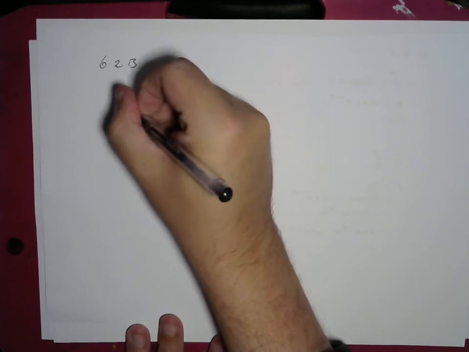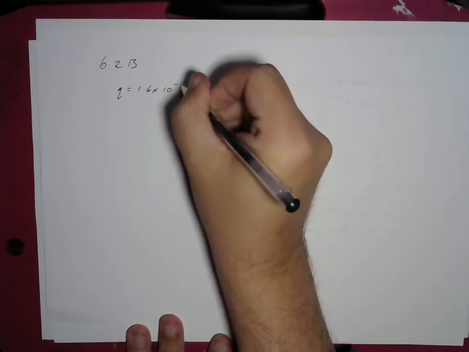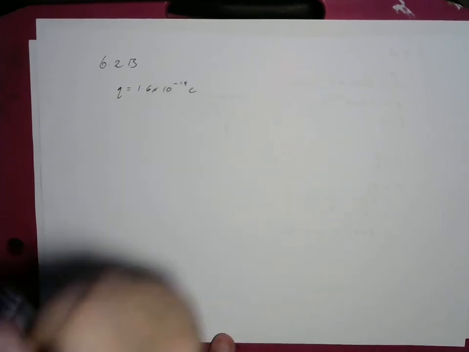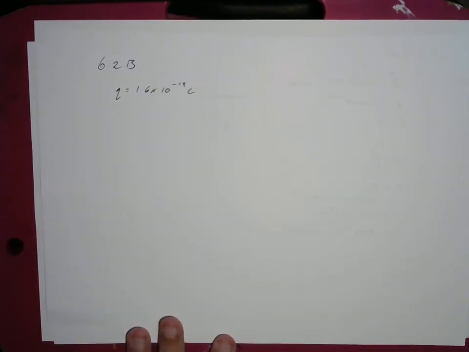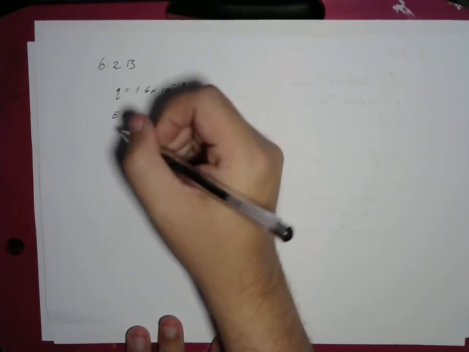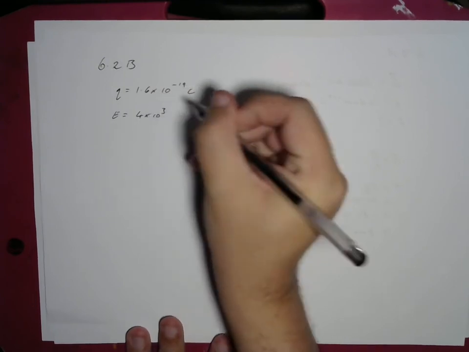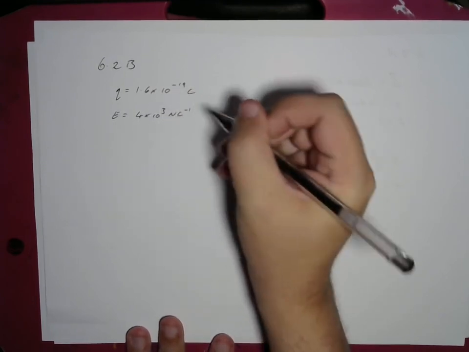Question. Again, we have our charge, Q equals positive 1.6 times 10 to the negative 19 coulombs, and we have a field strength, E equals 4 times 10 to the 3 newtons per coulomb.